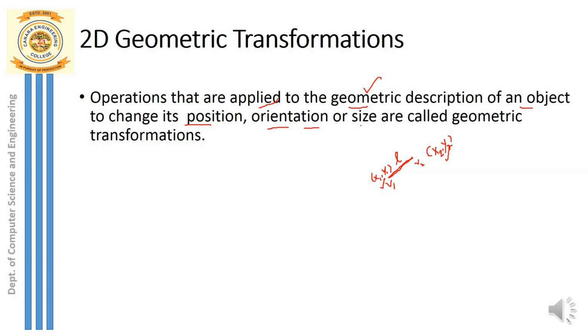Or the transformation can be applied to increase or decrease the size of the object. So here you can change the position of the line, orient the line, or increase or decrease its size by applying these geometric transformations. Now you must have got an idea about these transformations. Now we will see one by one what transformation techniques are available.